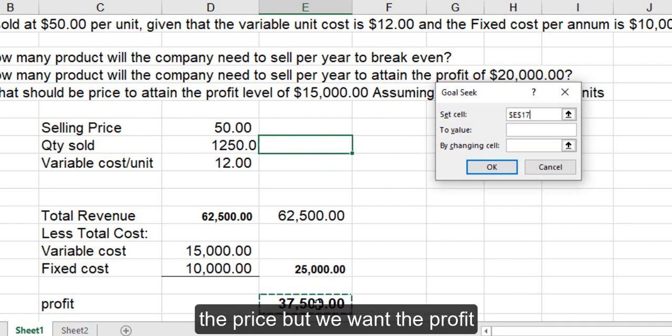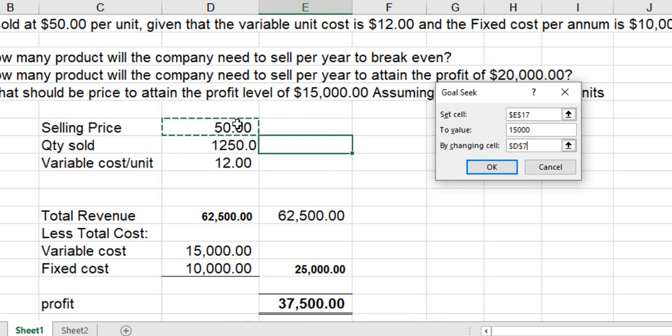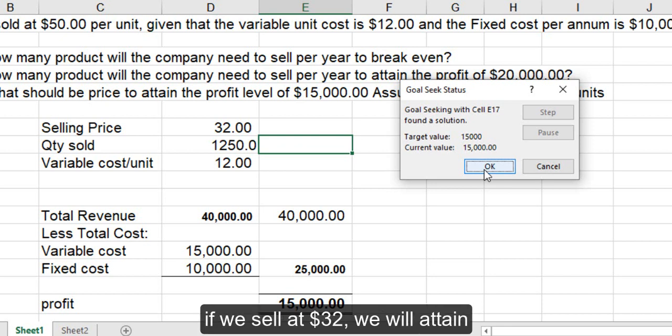What should be the price? We want to calculate the price, but we want the profit level to be at 15,000 by changing the price. You see that if we sell at $32, we will attain the profit of 15,000 US dollars.